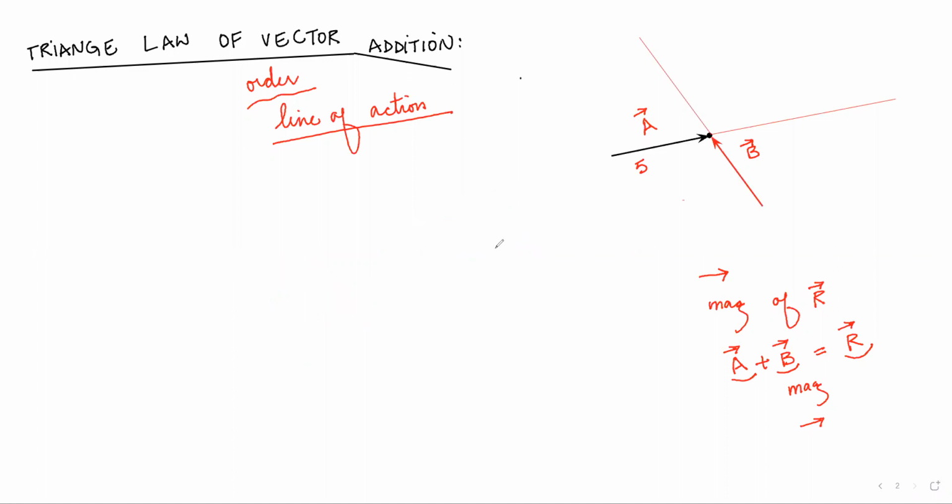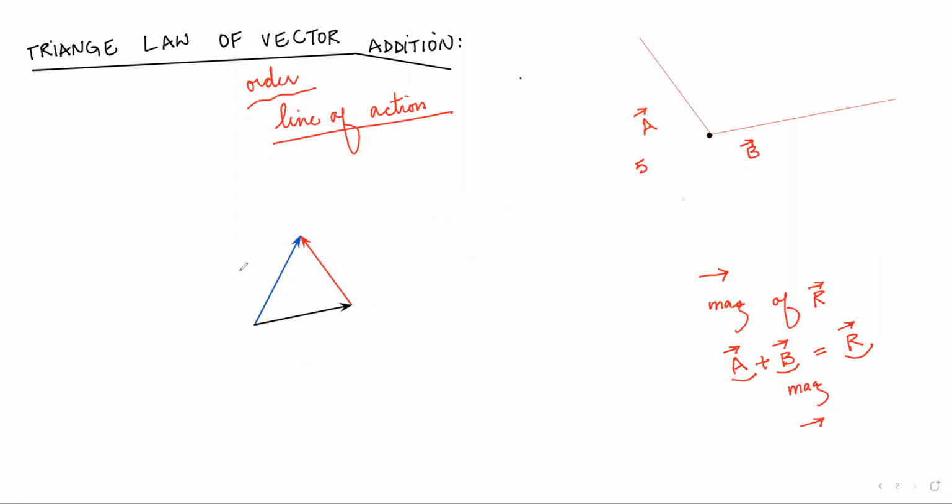So students, here the closing side of the triangle should be in the opposite order. This is the closing side of the triangle. We have taken this in the opposite order.